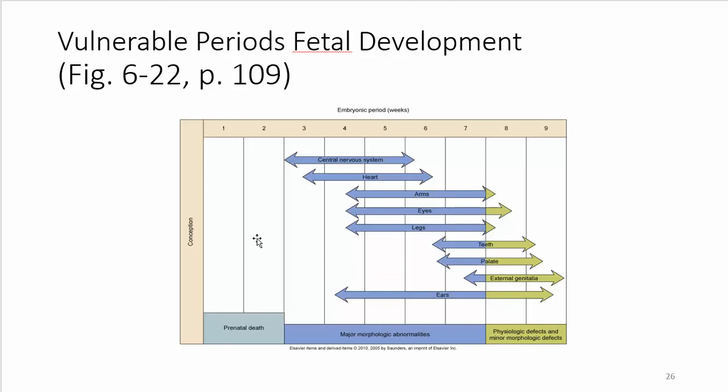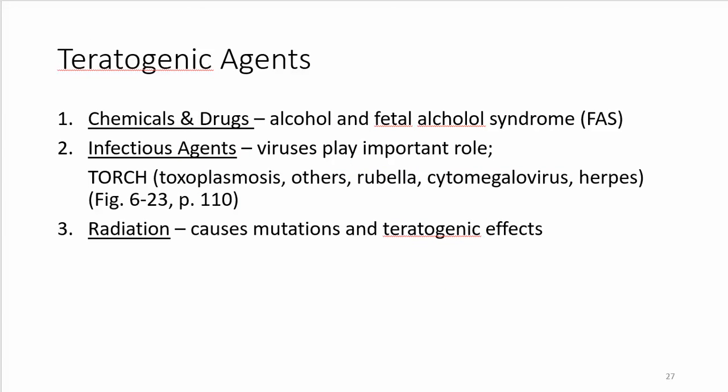And if it happens after week 9 or thereabouts, you're only going to get morphological defects, not really developmental defects. So there's a couple of different types of teratogenic agents: chemicals and drugs, alcohol, recreational drugs.